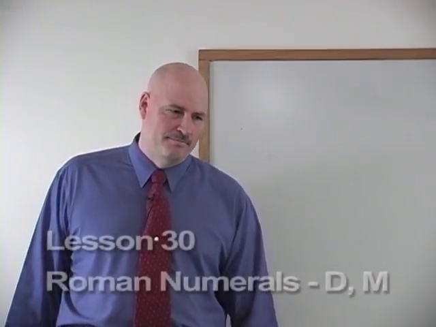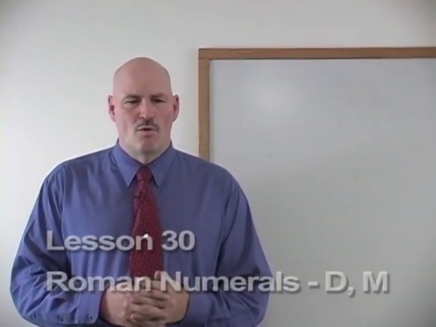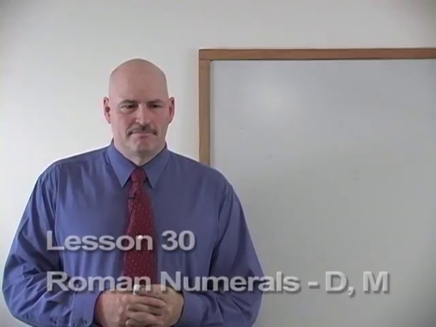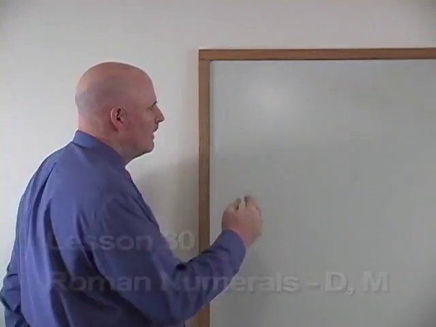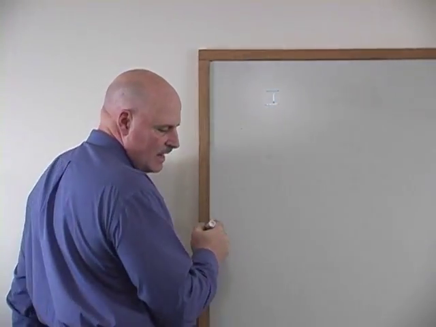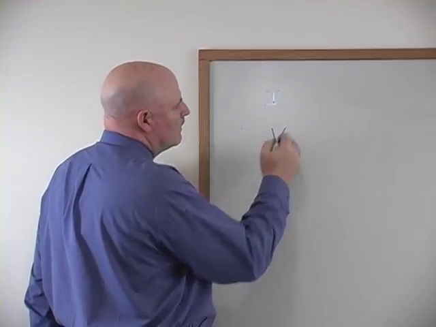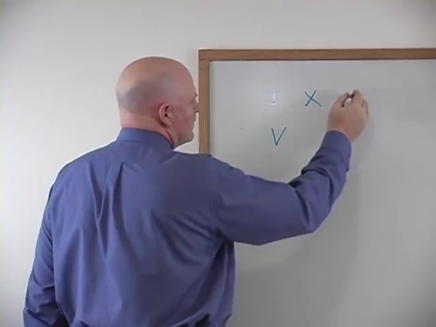Okay, now, tell me what you know about Roman numerals. Some rules about Roman numerals. Well, what's 1? I. Okay, what would be like 5? V. What would be 10? X. Okay, what would be 100? C. C, good.